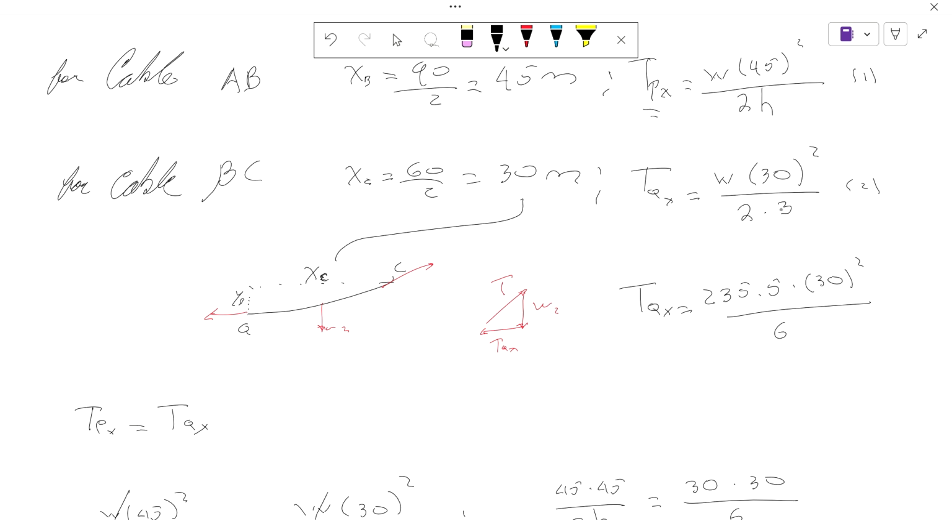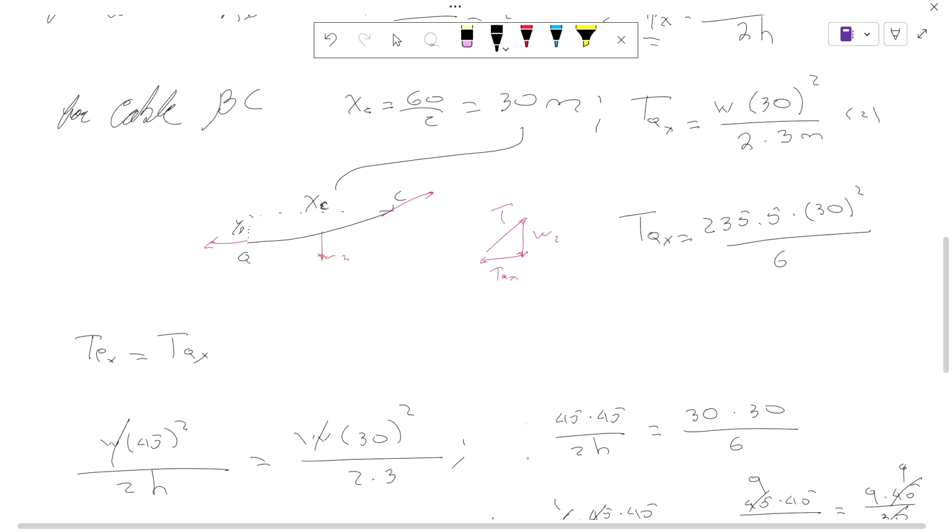And this is in meters. Let's go ahead and check this equation very quick. So these units, let's check right here. This is meters, this is Newton, this is meters.